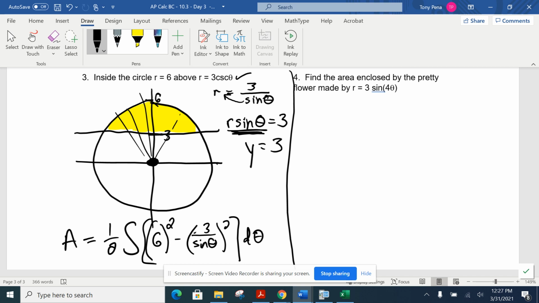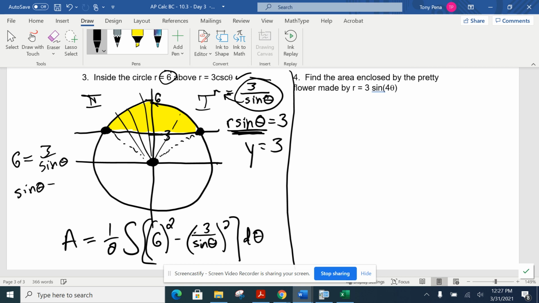And then we now wanted to know what angle was this here. And then we wanted all the angles in between until we get this angle over here. So we should be getting a first quadrant angle and a second quadrant angle when the 6 was equal to the 3 over sine of theta. So ultimately what we're looking for is when does the sine of theta equal 3 over 6, which is 1/2.